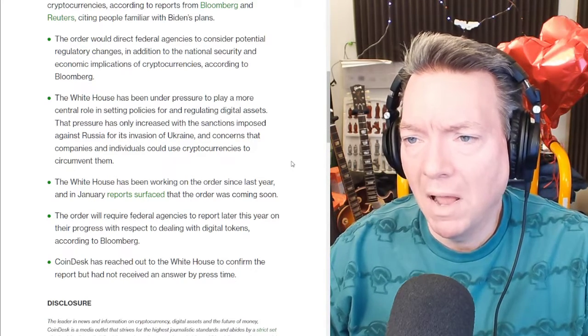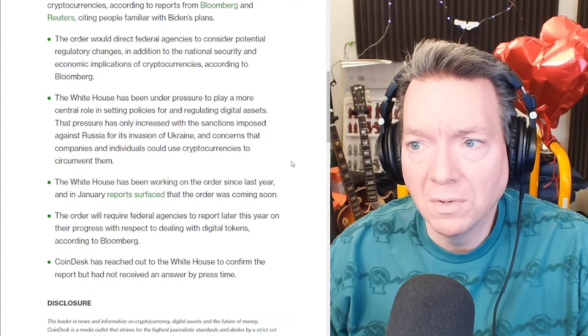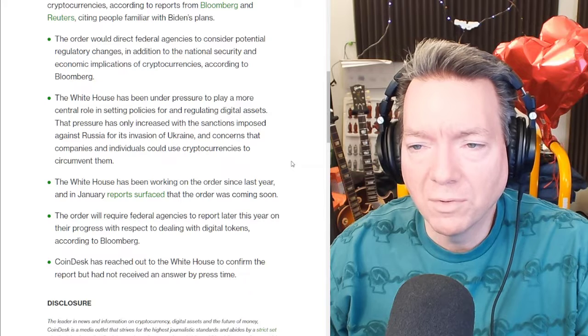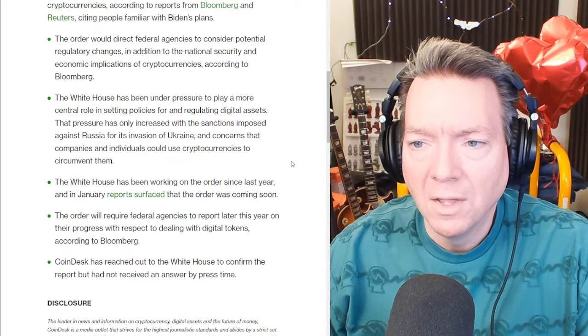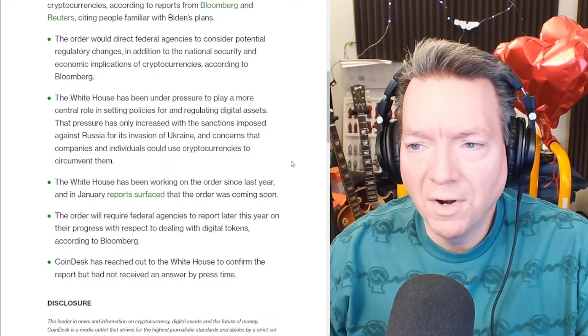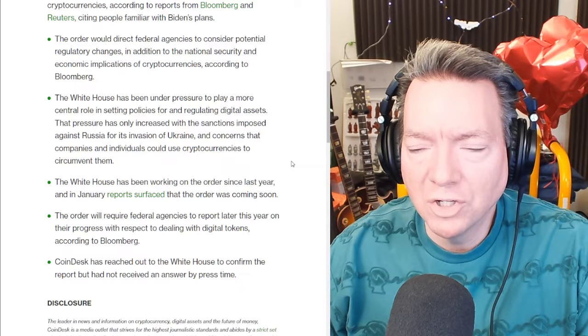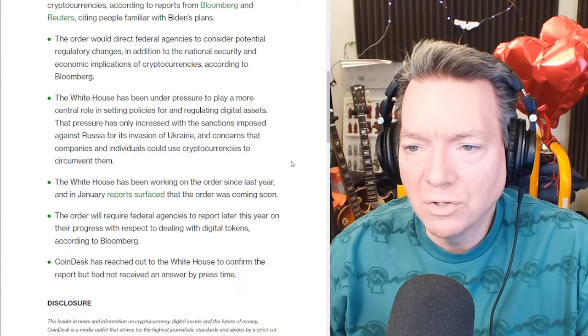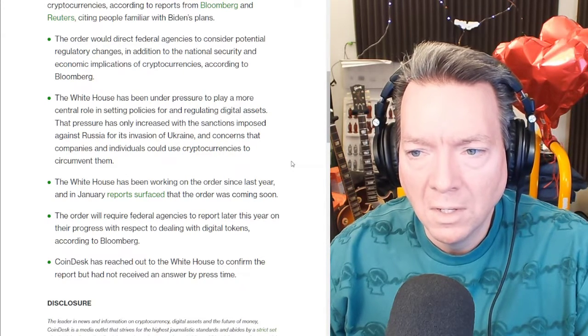So President Joe Biden is set to sign an executive order this week summarizing the U.S. government's strategy for dealing with cryptocurrencies. The order would direct federal agencies to consider potential regulatory changes in addition to the national security and economic implications of cryptocurrencies.